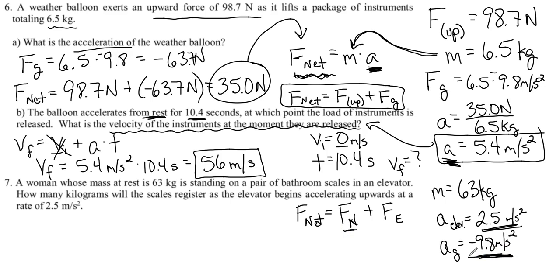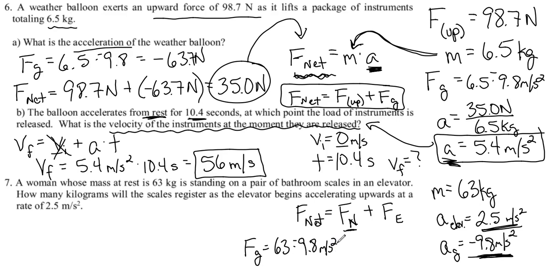So let's start by figuring out the force of gravity, or the normal force on the woman, which is the opposite of the force of gravity. The force of gravity is equal to her mass, 63, times acceleration of negative 9.8 meters per second squared.